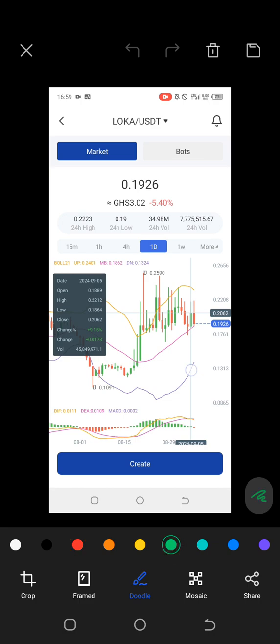Okay, so when you put the crosshair on it, it's going to display. Let me use red. I think red is good. Yeah. Okay, so this is the low. Okay, and this is the close. This is the high, previous day's high, and then the open price, the price at which that candlestick opened at. So everything is right here.